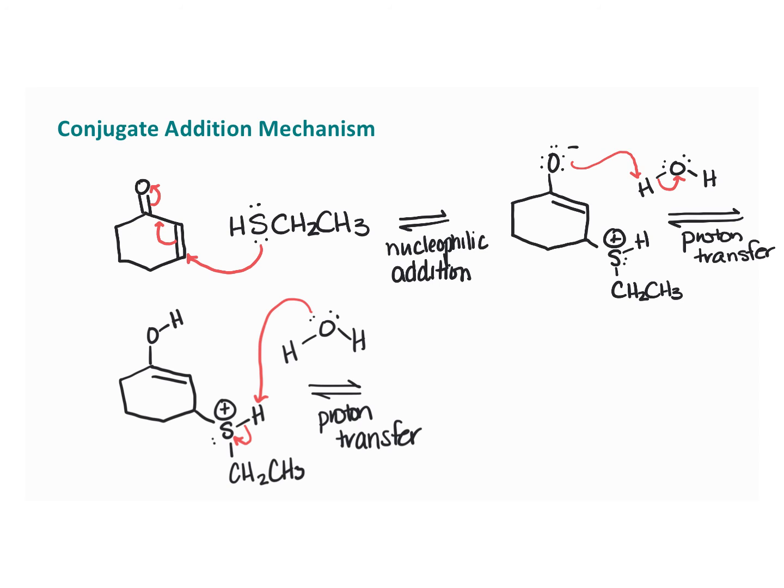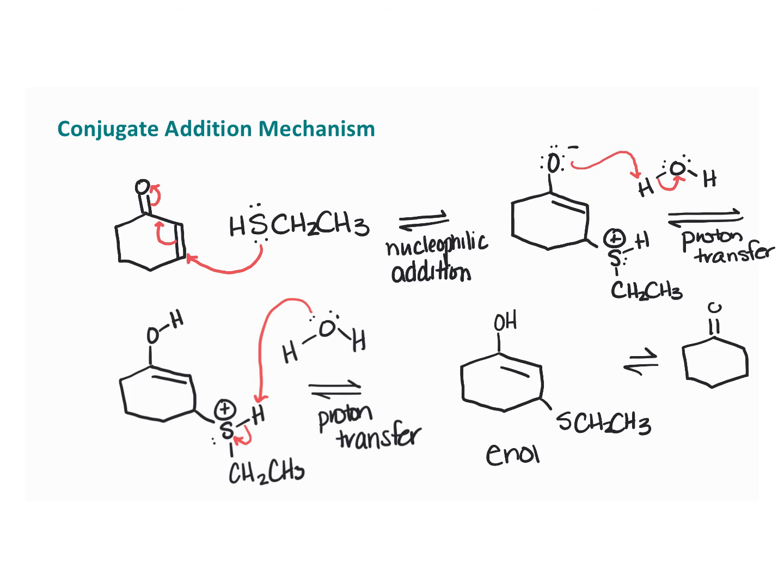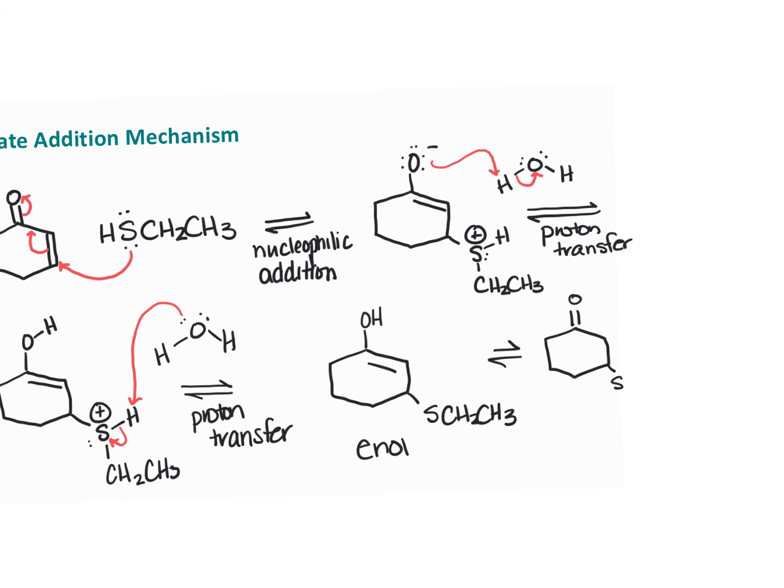And then what we notice here is that this is the enol form, and this will undergo an enol keto rearrangement. So it'll undergo that tautomerization and give us the ketone back, right?